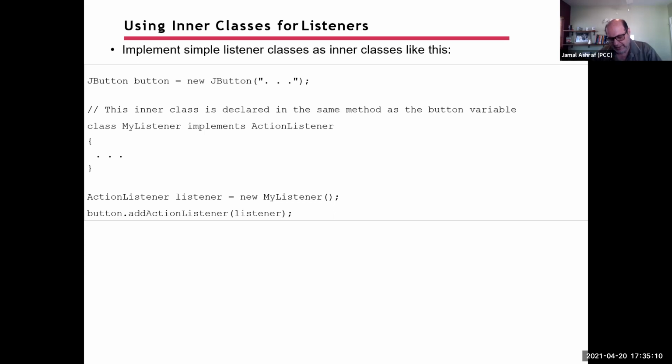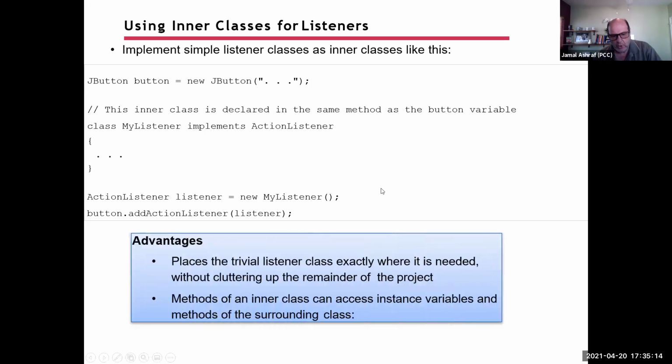When you create a class, one of the reasons we do it is because this class is not going to be used anywhere else. It's just going to be used right here. So if I'm creating this action listener, it's going to happen with this button, and it's going to happen right here. No other button is going to be using this action listener. So it's just going to happen only one time.